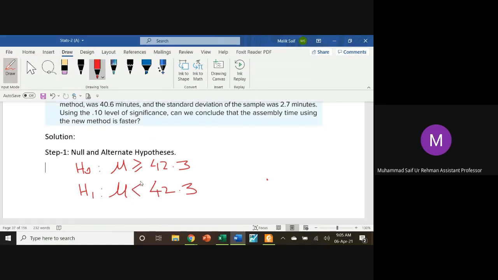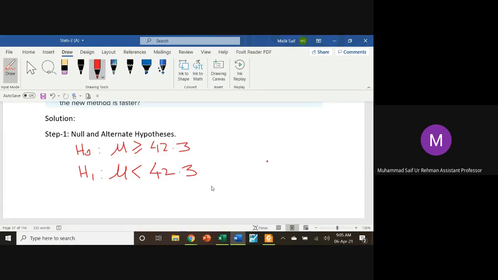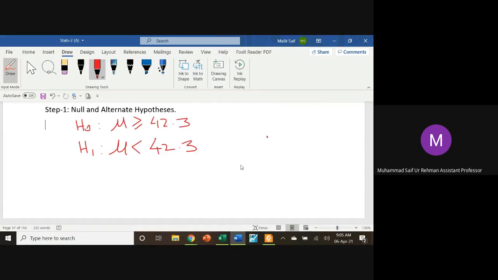If you reject the null hypothesis, definitely you will be accepting the alternate hypothesis, and acceptance of the alternate hypothesis will mean that yes, the assembly time using the new method is faster. Less than will mean faster, less time will mean faster. So you will construct the null and alternate hypothesis in this way.